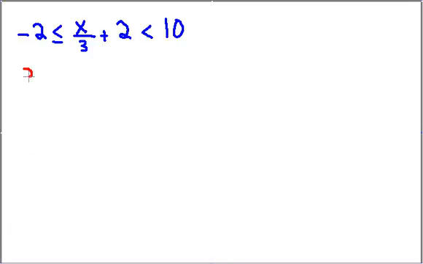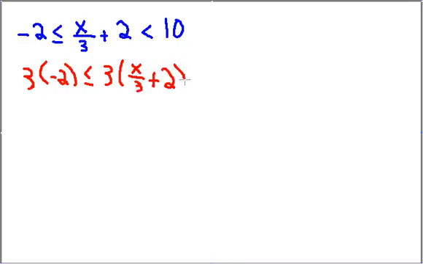So we're going to take the 3 and multiply that by our negative 2, and that's going to be less than or equal to 3 times x over 3 plus 2, and that's going to be less than 3 times 10.